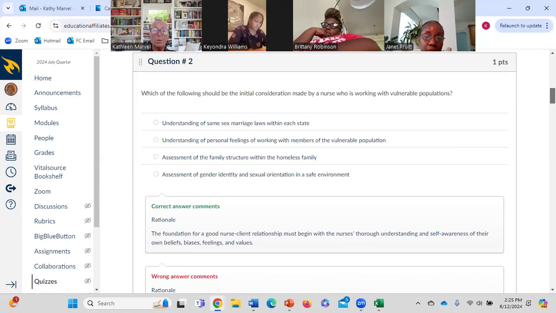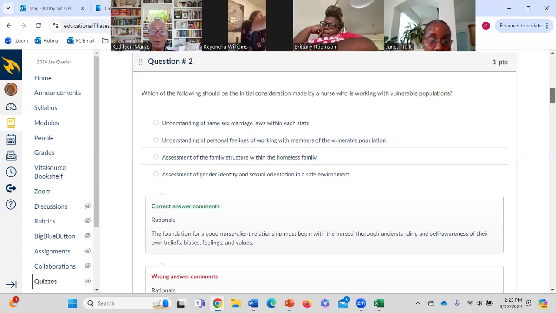All right, so which of the following should be the initial consideration by a nurse who is working with the vulnerable population? What's first and foremost? B. You remember this conversation from last week? We talked about it specifically in relation to the LGBTQ community, but we then opened that up into the general vulnerable populations. We included pregnant adolescents and the homeless.